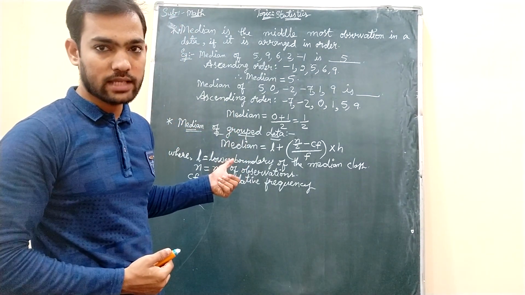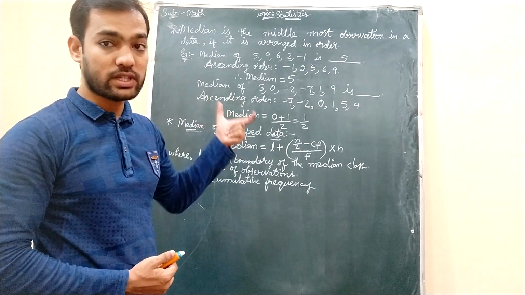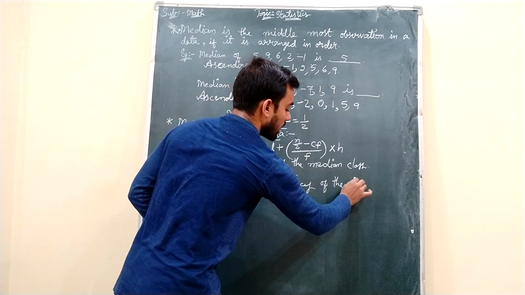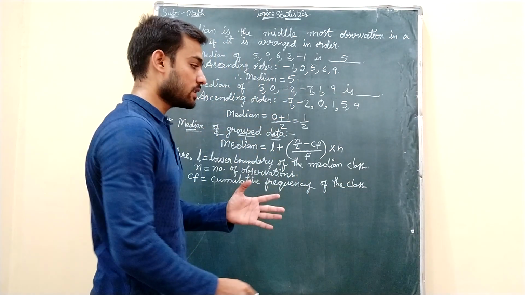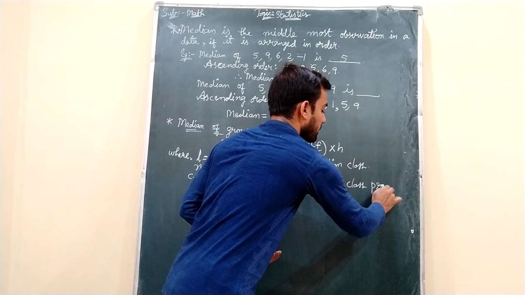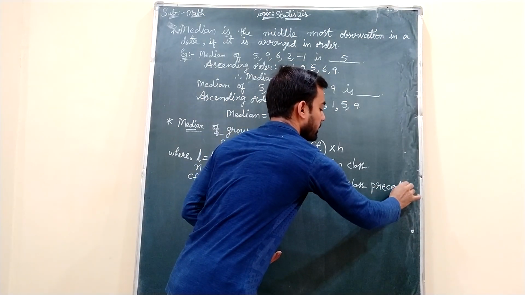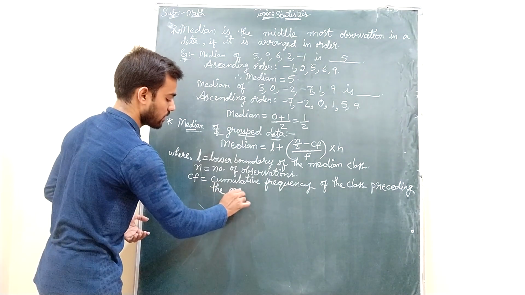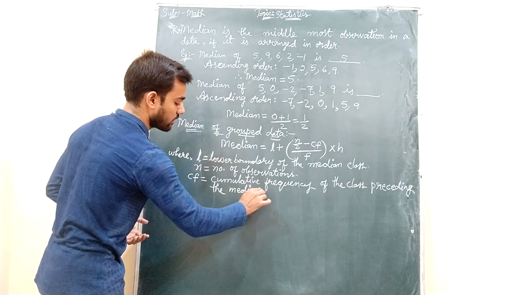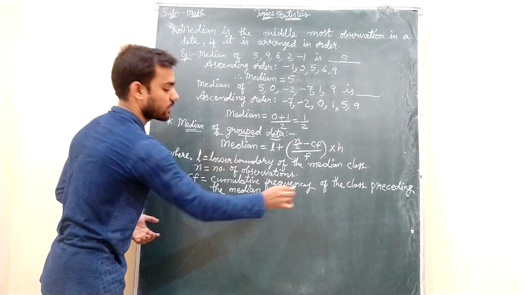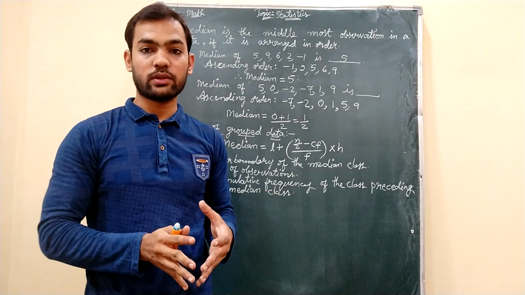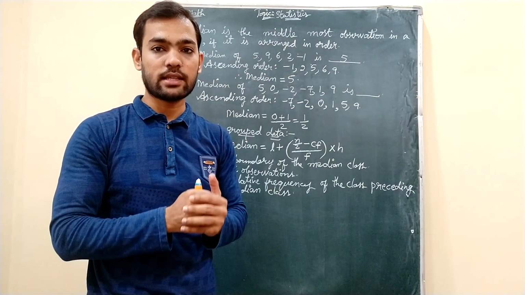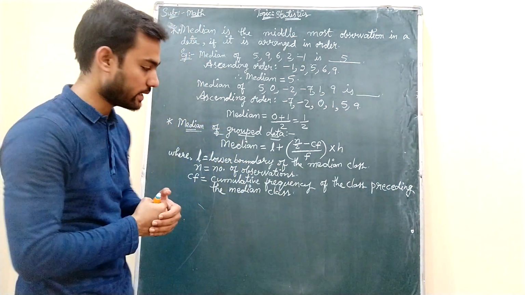You will be having different classes, right? So from one class you need to take. Which class? Cumulative frequency of the class preceding the median class. Before the median class, whichever class is there, from that class you need to take the cumulative frequency value.